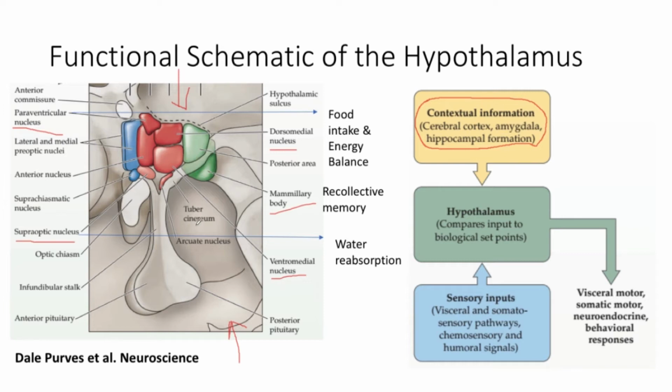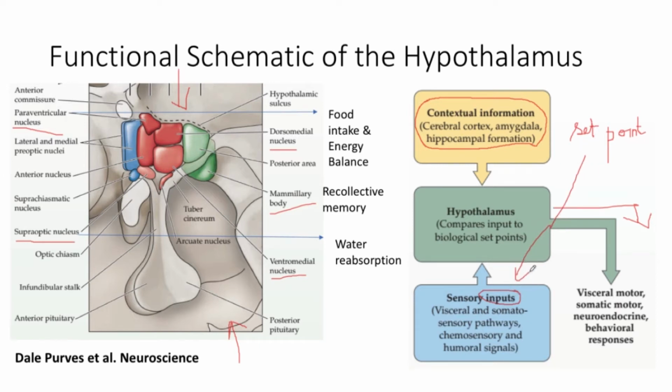So from both sides you are getting inputs. Based on it, you are taking a decision, and this tells me what my set point will be. Let's keep in mind that this is the part that will set the set point, and this is the part that gives us the inputs. So we compare between the set point and the input.